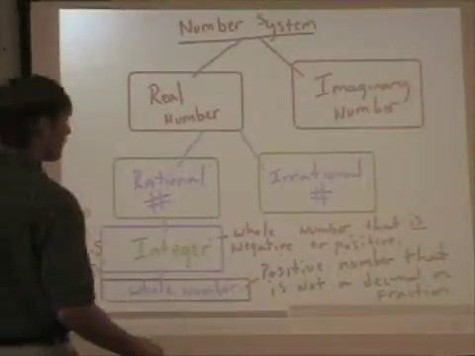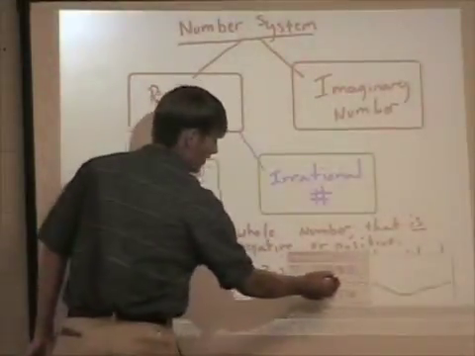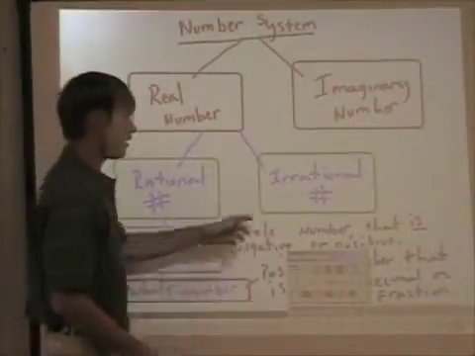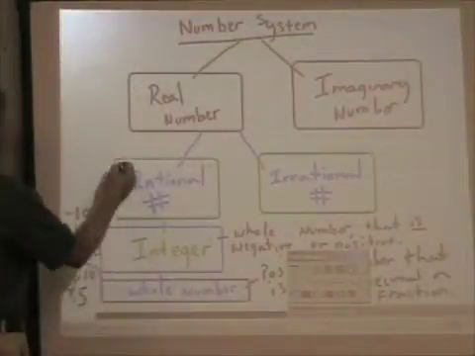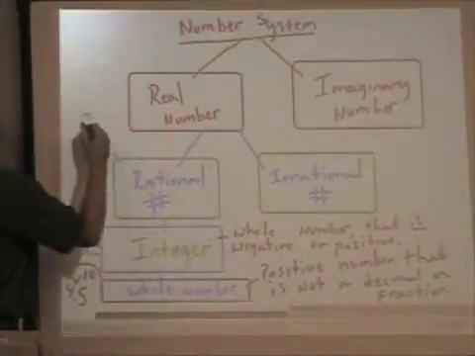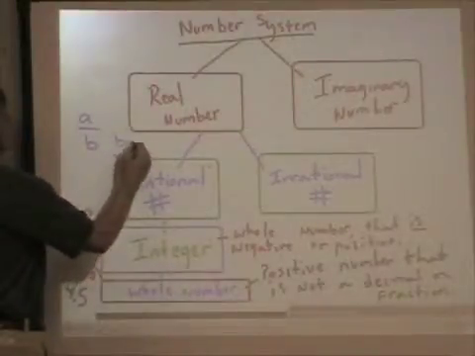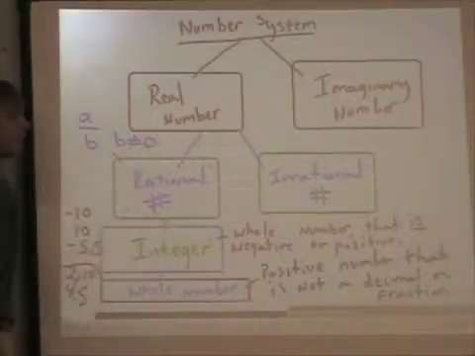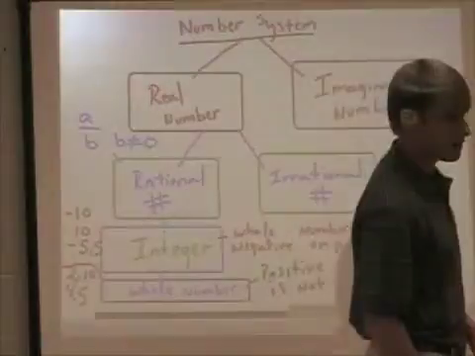Now, our next classification, the thing that we need to tell the difference between, is whether something is a rational number or an irrational number. Something that's a rational number can be described in the format A over B where B does not equal 0.